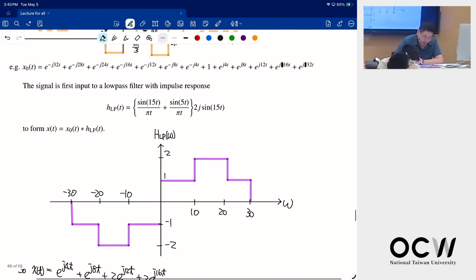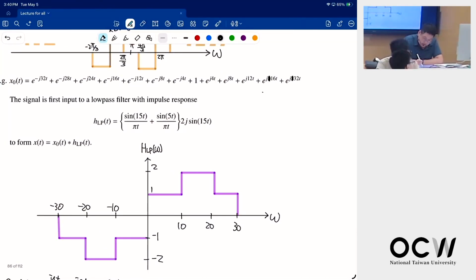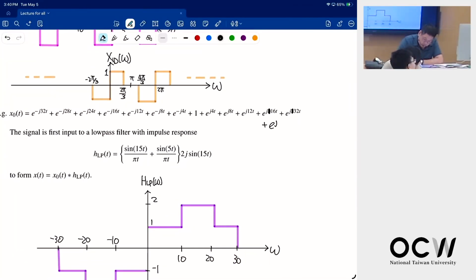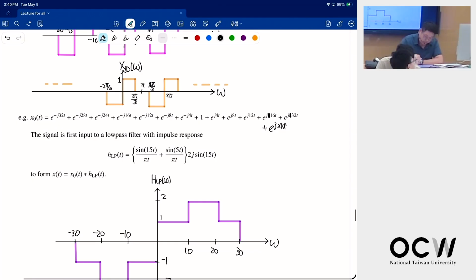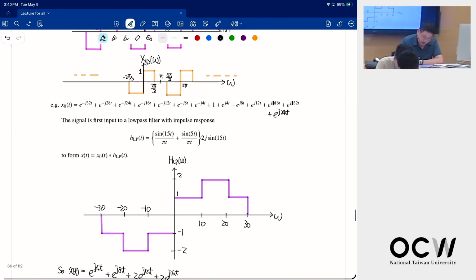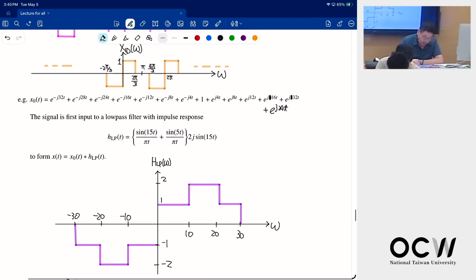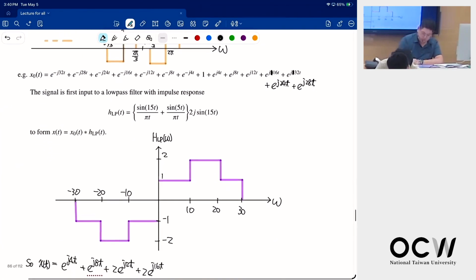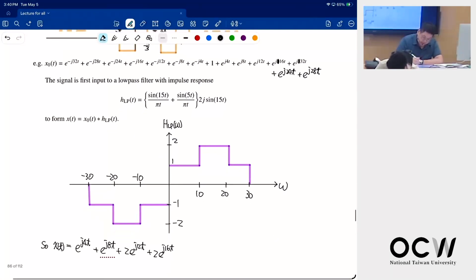I think we should also have 24, right? It should be symmetric. Oh, and then 28. Hey, how come that we missed this too? 12, 16. All right. So 24 and 28.